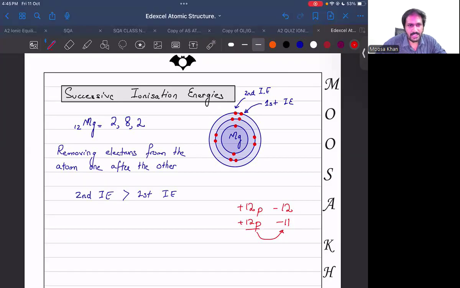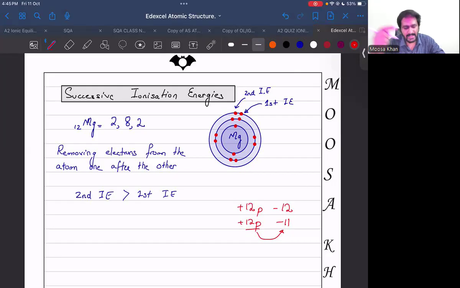The second ionization energy would be greater than the first one, and the third would be greater than the second. If you keep removing electrons, every successive ionization energy would be greater than its preceding one. First would be the smallest, the second would be larger, the third larger still, and the fourth even larger.